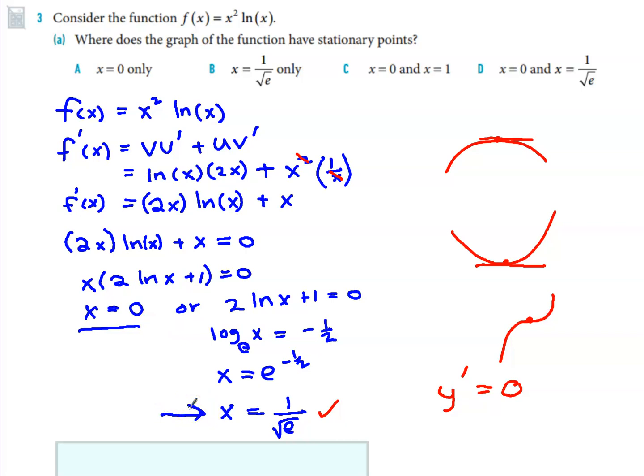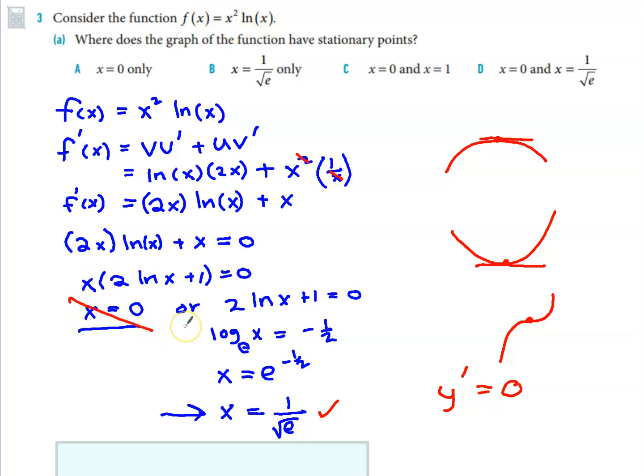But before you can actually put a tick on both of those, go back to the original question. One of the factors in the original function is natural log of x. Well, 1 on the square root of e is a positive number, so that's a valid solution. But for x equals 0, the natural log of 0 doesn't exist. So even though that's a solution to this equation, it's not a value you can put into the original function.